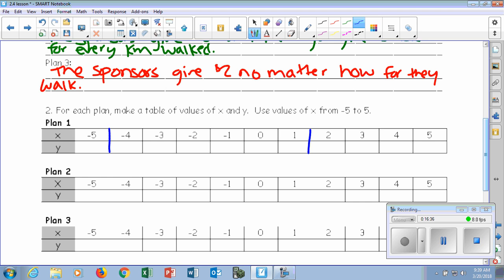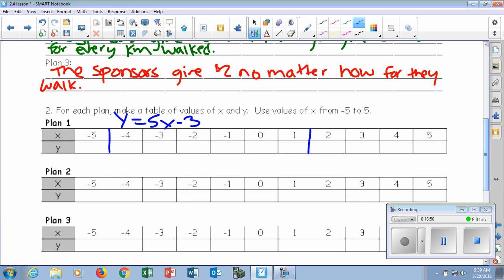So when they have -5 for x, here's my equation for this plan 1, y equals 5x minus 3. How can I determine what my y is going to be if they told me my x? How am I going to determine that?